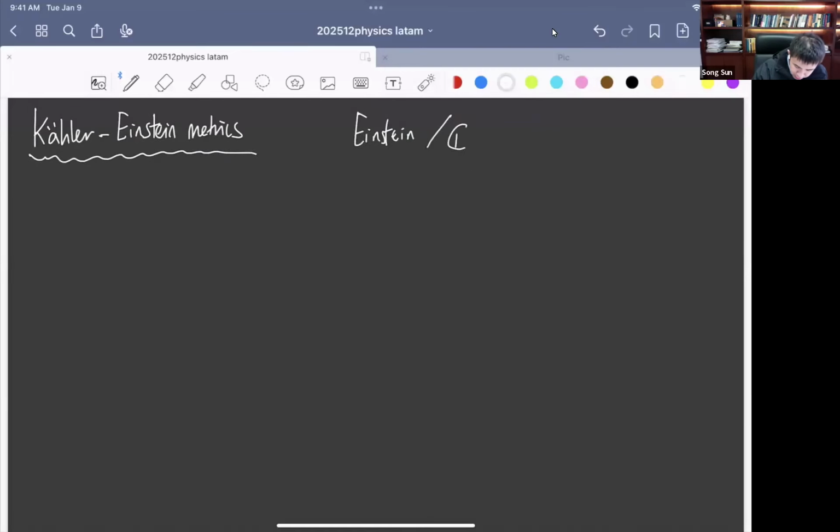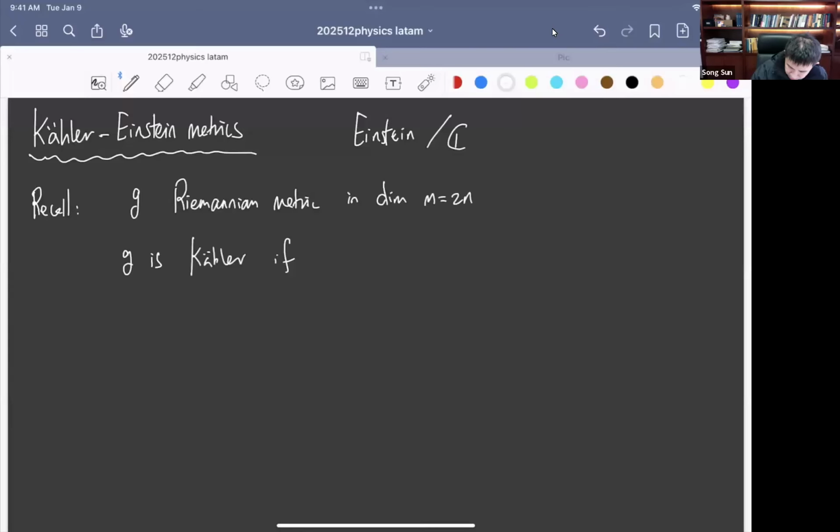So recall our definition of a Kähler metric in terms of a Riemannian metric. If you have a Riemannian metric G, we say G is Kähler, in dimension m equals 2n, if the holonomy group is contained in U(n).